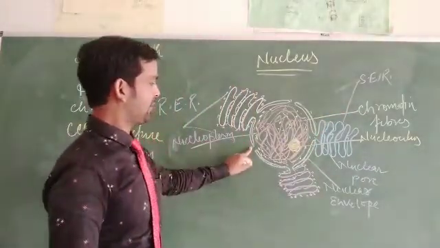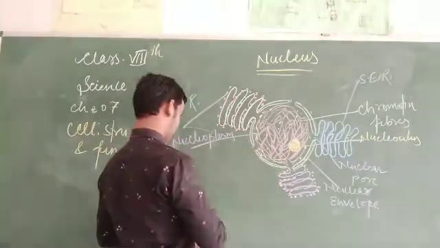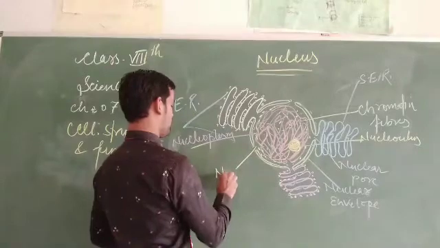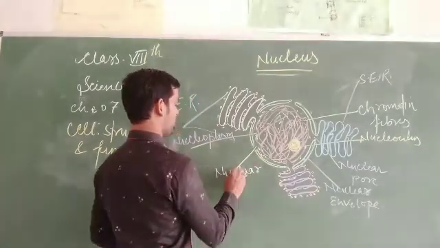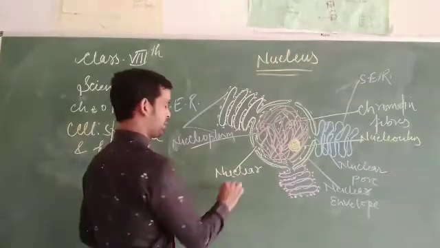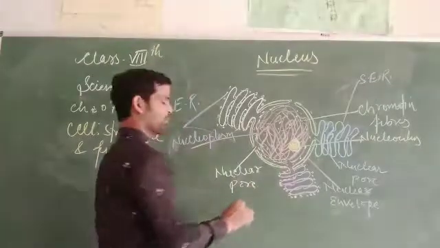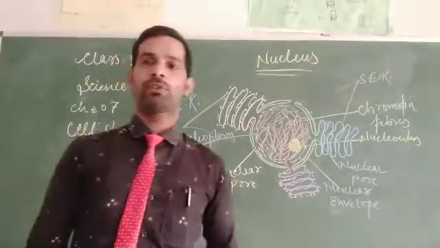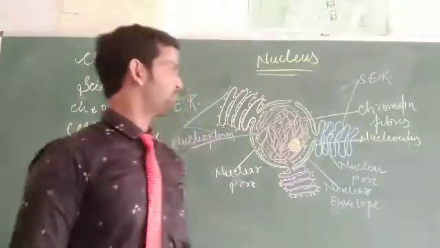Here you can see this gap is called a pore. Since it is found in the nucleus, it is called the nuclear pore, through which substances move from the cytoplasm to the nucleoplasm.